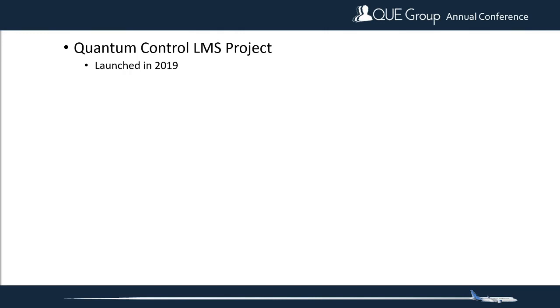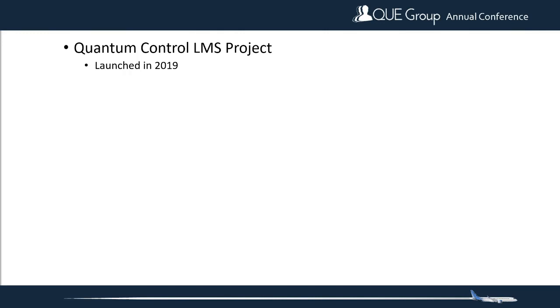In a Q Group 2019 presentation, I introduced the launch of the LMS project. The initial courses were focused on training users of the Quantum Step platform, that is, the Quantum Control cloud-based version of the application.